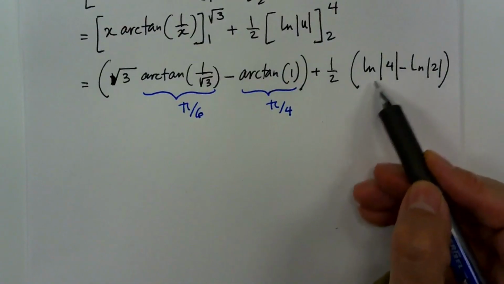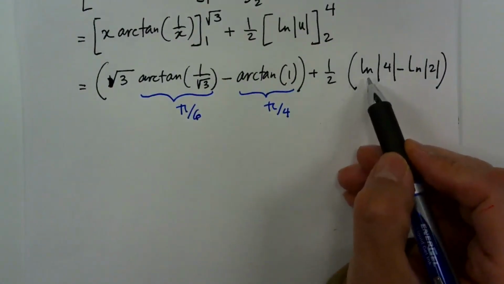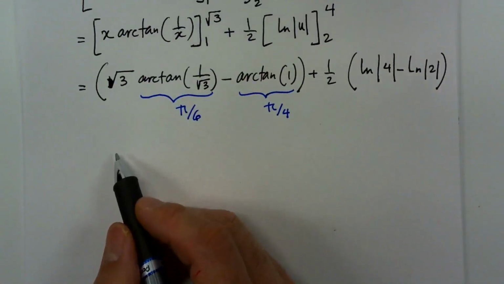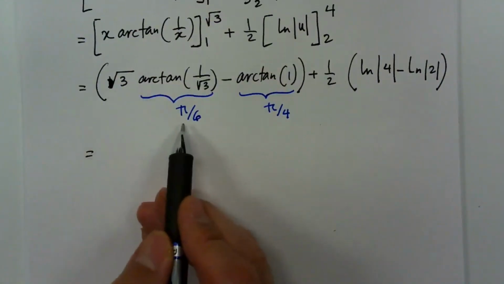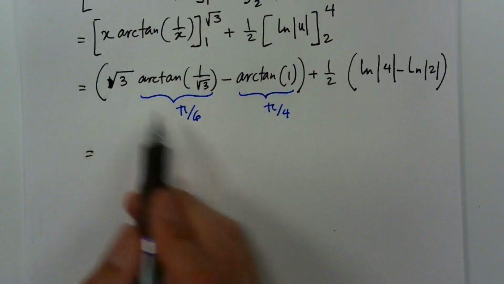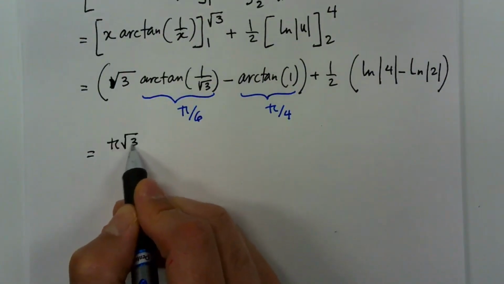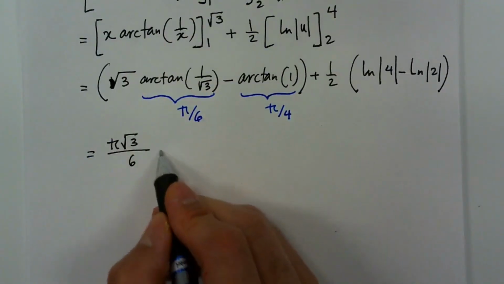Let's not calculate the decimal values. It looks better like that. I mean, it not only looks better, but it's more exact if we keep it like that. So we have pi square root of 3 over 6, and then minus pi over 4.